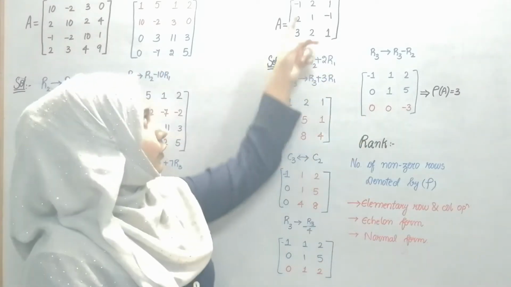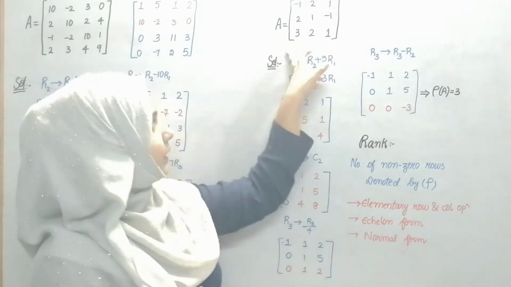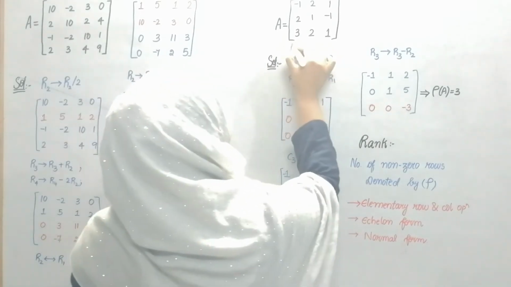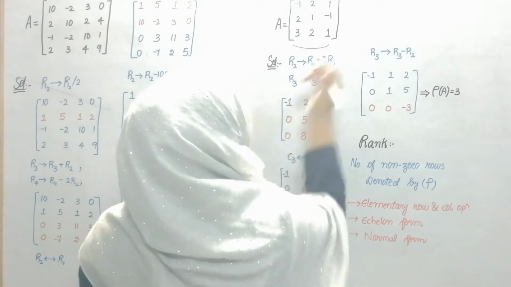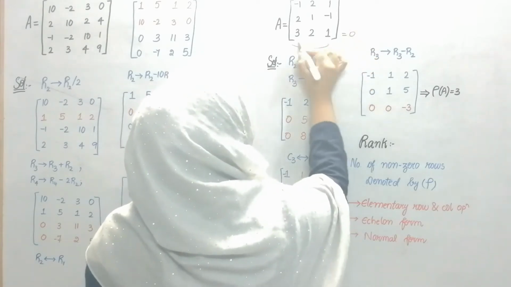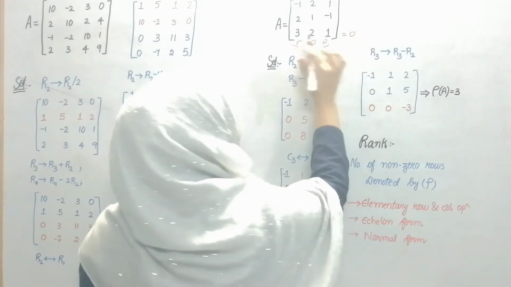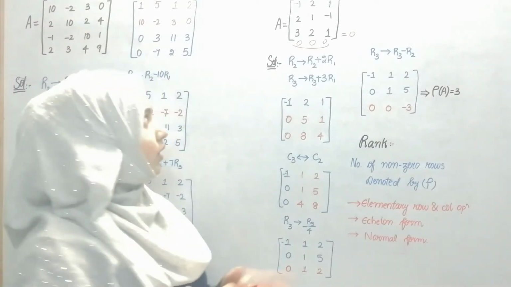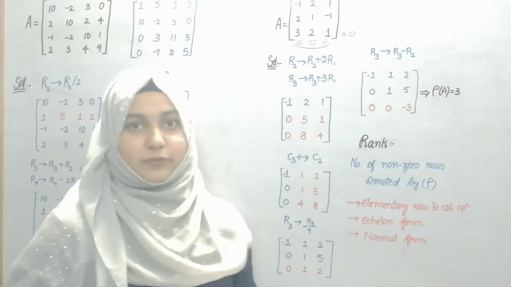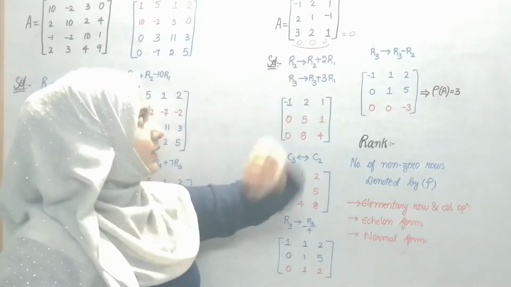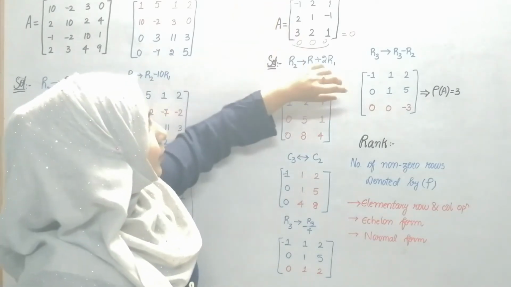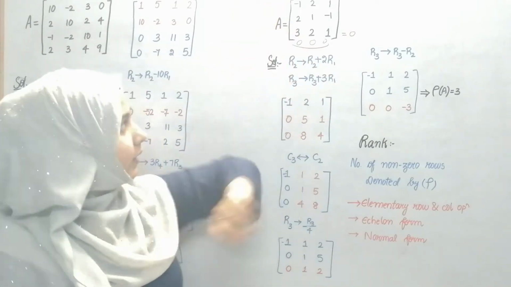Suppose I've got this matrix, and somehow I made the third row elements 0, all these elements 0, 0, 0 instead of 3, 2 and 1, by performing some operations. Now, number of non-zero rows will be what?